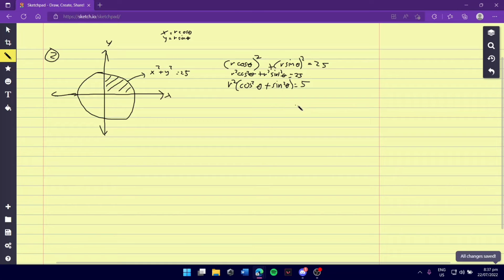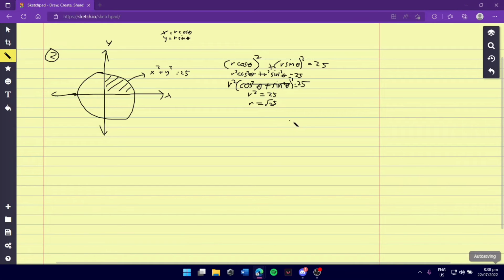So here, we will simplify this. Cosine squared plus sine squared will be 1. So this will cancel out. This will become the 1. Then what we have left is r squared is equals to 25. So when you convert to root, r here is equals to the square root of 25.